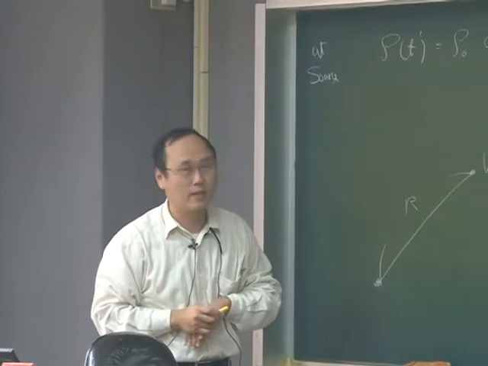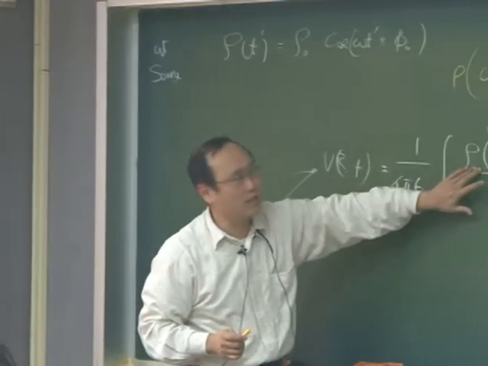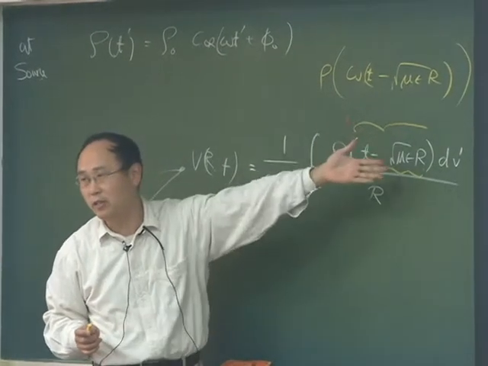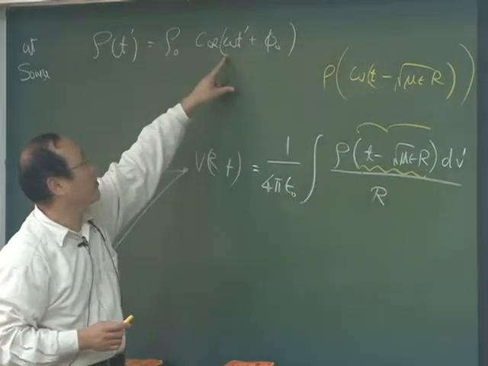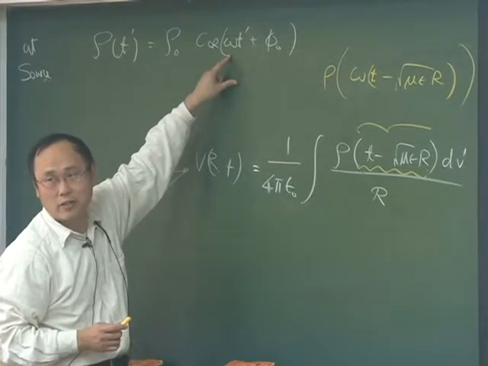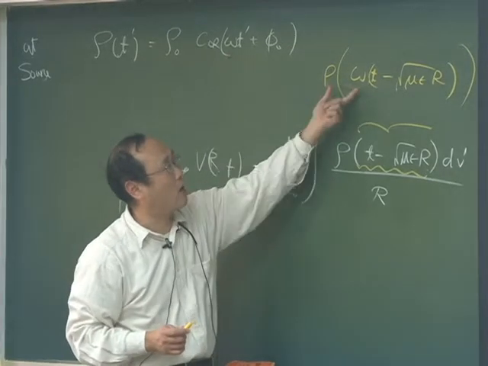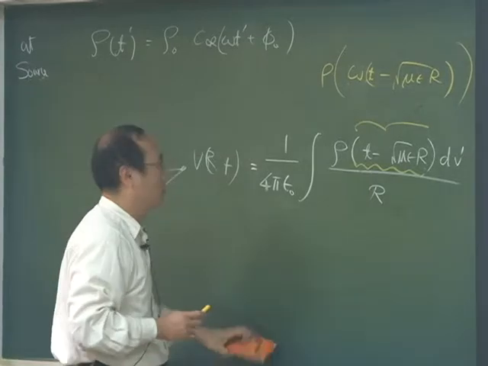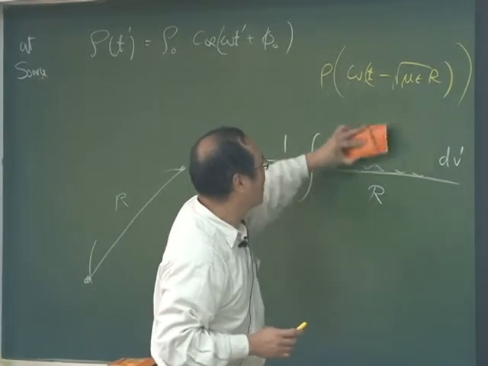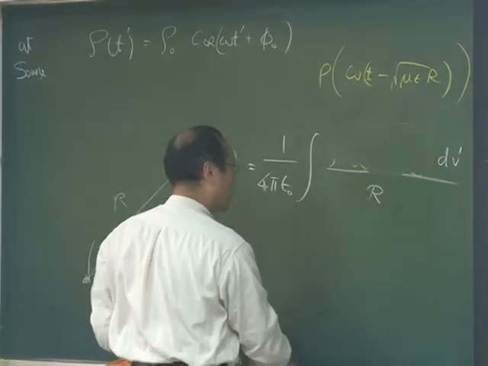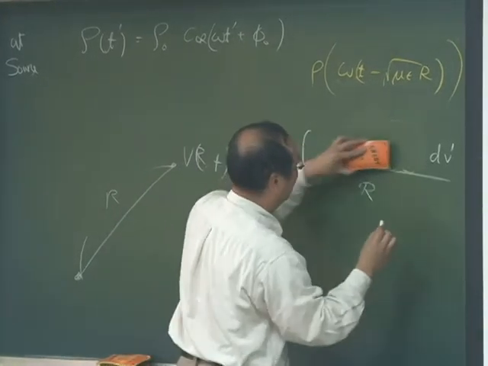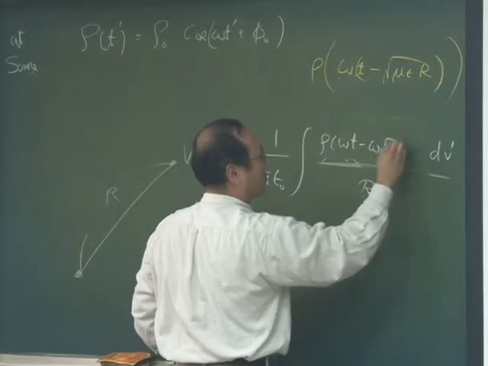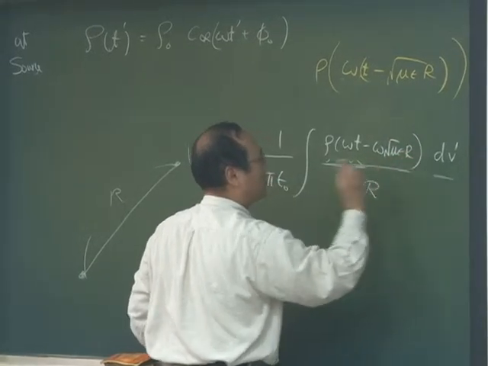Understand? Because your source here must be in this propagation form. So if you have an oscillation right here, then you have to put omega outside this parenthesis. Therefore, you end up having a term that is rho of omega t minus omega square root mu epsilon r.